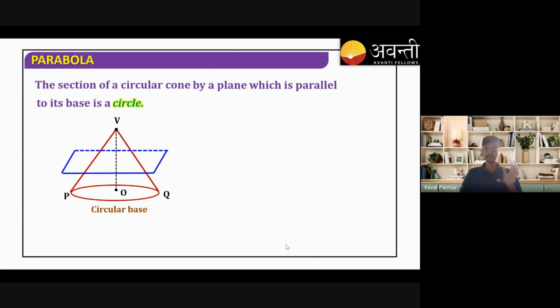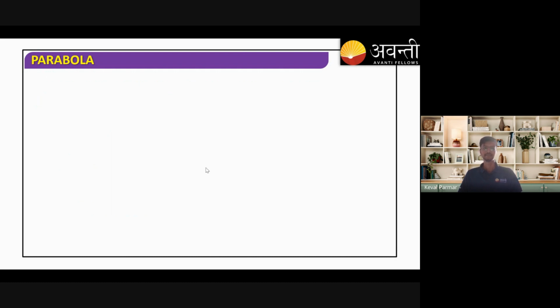Cross section means that after cutting, the area which is left is called the cross section. So after we cut it off, this area will be left. I hope you can see it. So this area is a circle, right, guys?